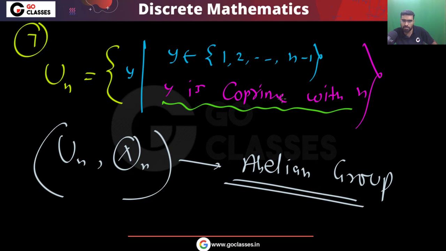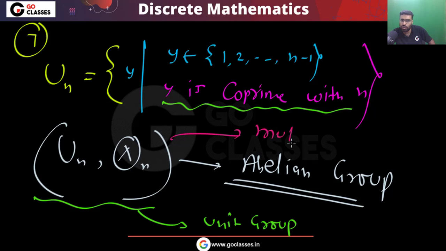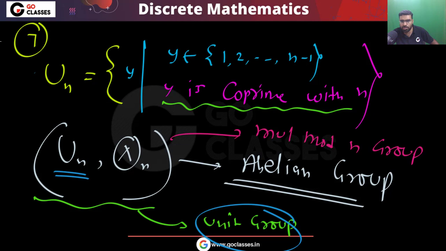This is called the unit group, or you can call it the multiplication modulo n group, or Un. These are different names for the same thing. So this is the complete summary.